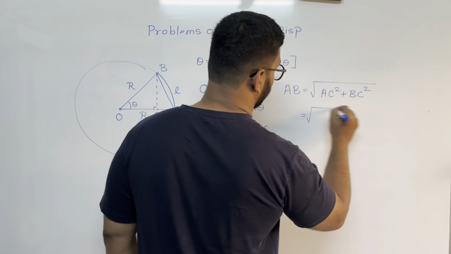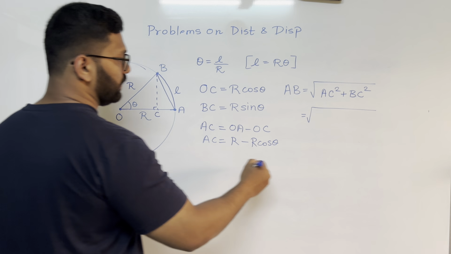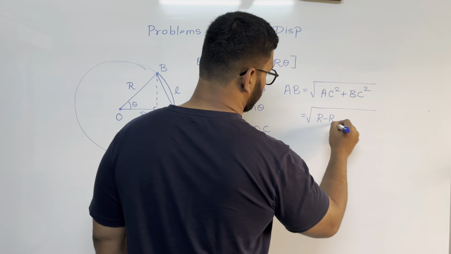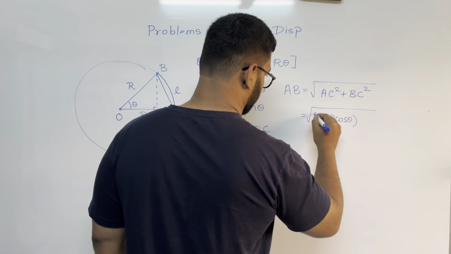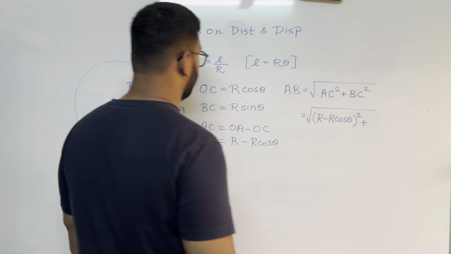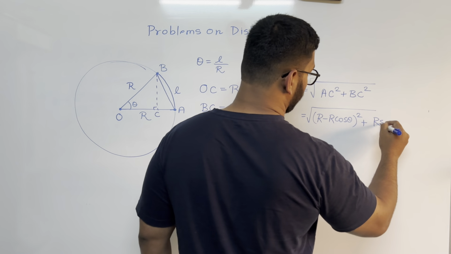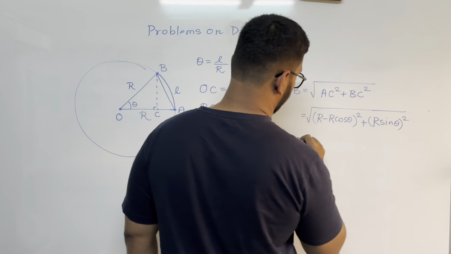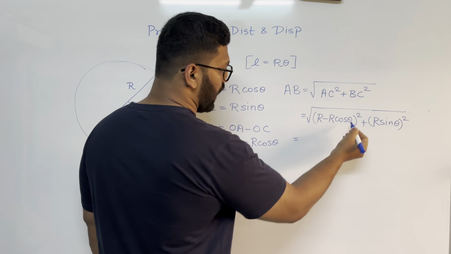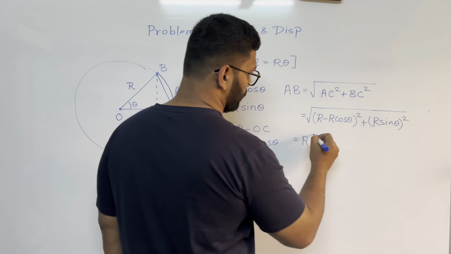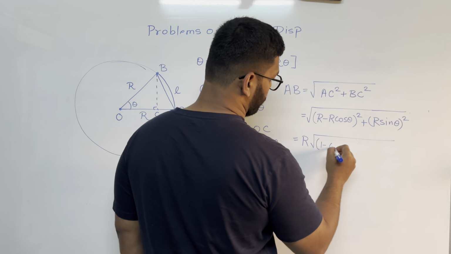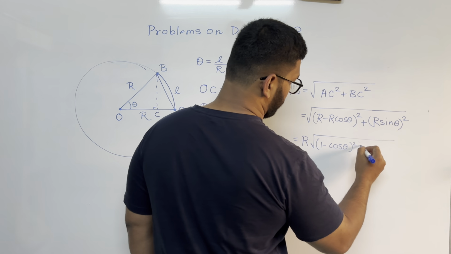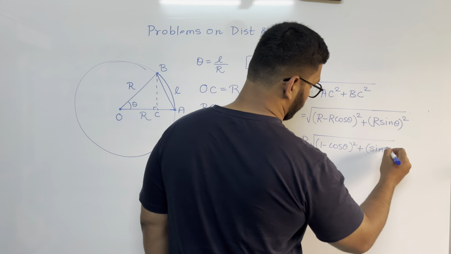So this is going to be the square root of AC, which is R minus R cos theta, whole square, plus BC square, which is R sin theta whole square. I can take R square outside, so it will be R times the square root of 1 minus cos theta whole square plus sin theta whole square.